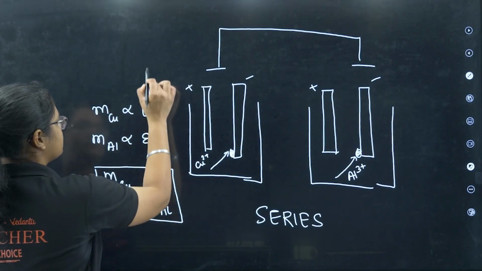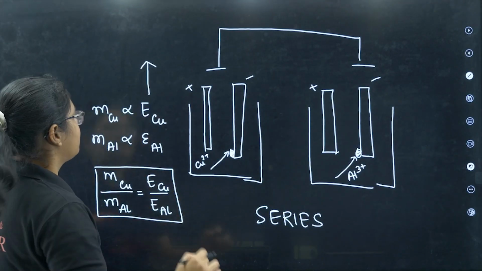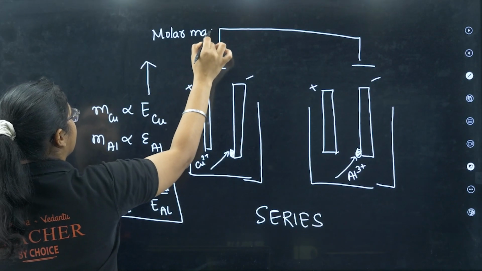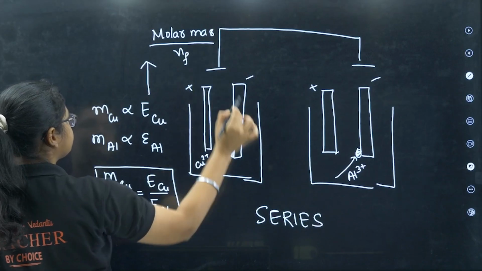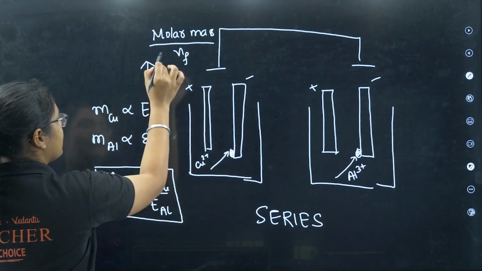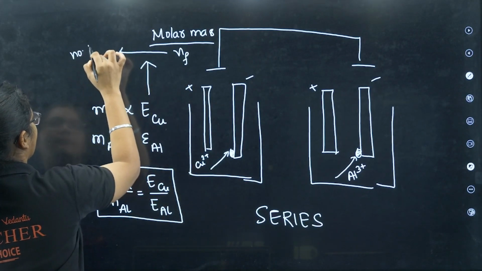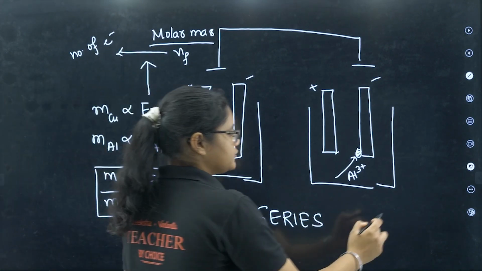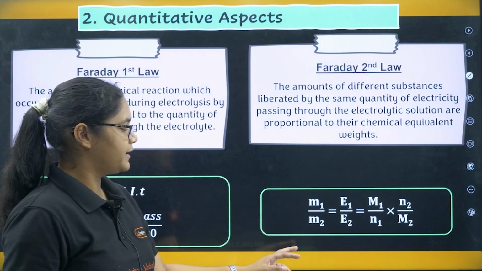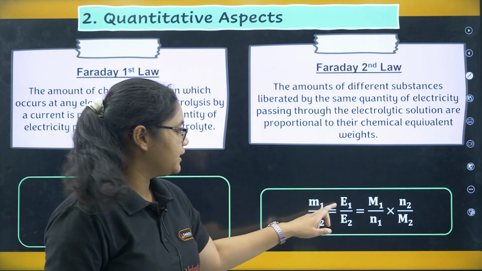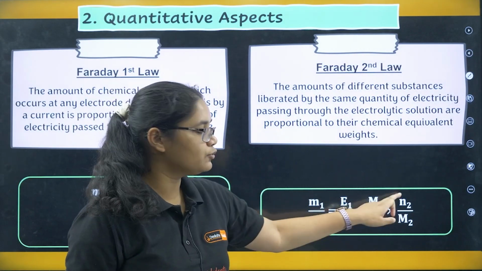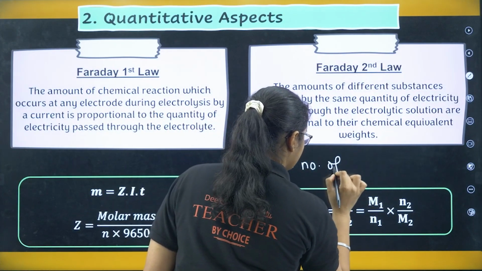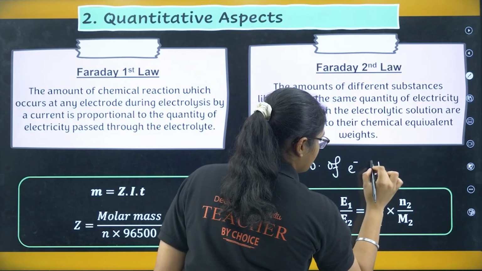Now a question may arise, what is equivalent weight? Equivalent weight is molar mass by N factor. N factor again is the number of electrons used. I hope this is clear. So let's see the formula: M1 by M2 is equal to E1 by E2, where E1 is M1 by N1 and E2 is M2 by N2, where N is the number of electrons involved.